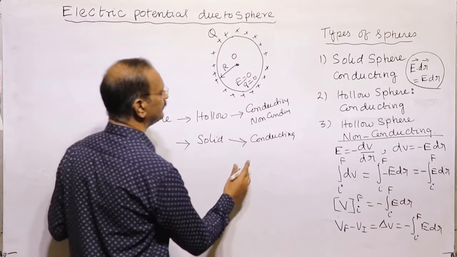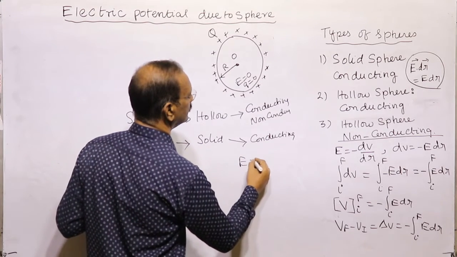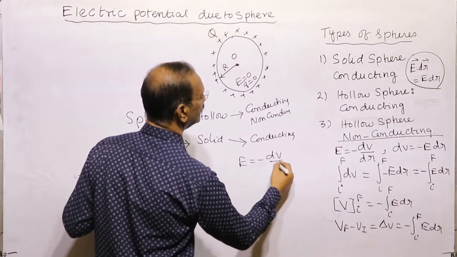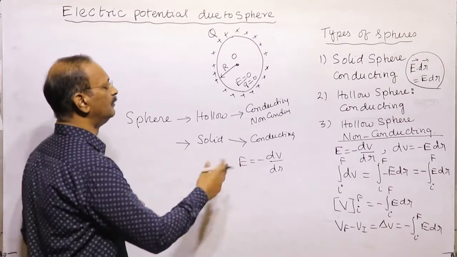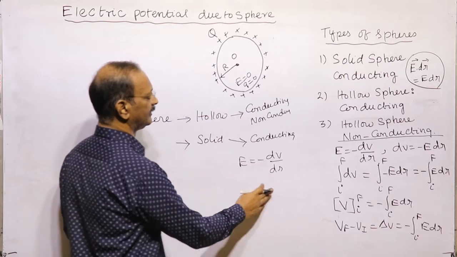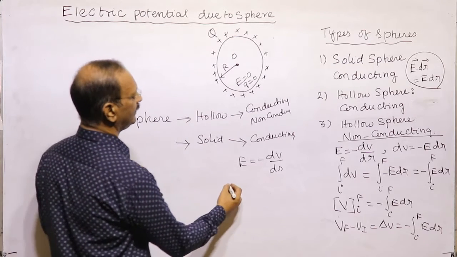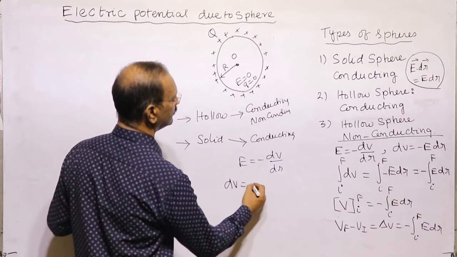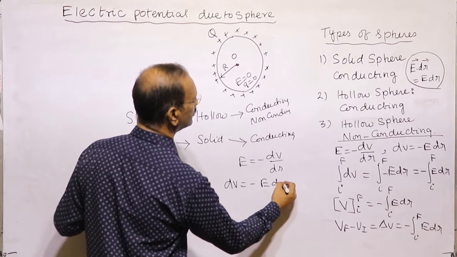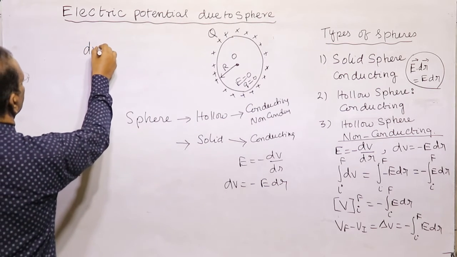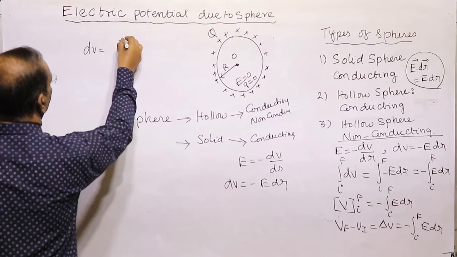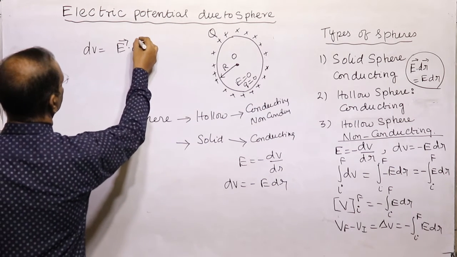As we have seen, E is equal to minus dV by dr. That is, potential varies with distance in the direction opposite to the direction of the electric field. Or we can write dV is equal to minus E into dr. Already we have written dV is equal to the dot product of E and this distance.